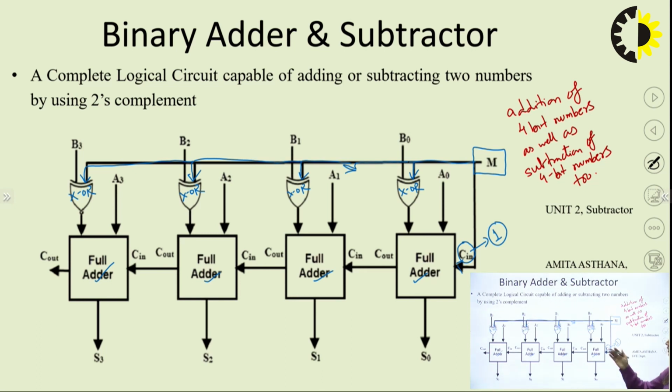So there are 4 XOR gates which are connected to these 4 full adder circuits.